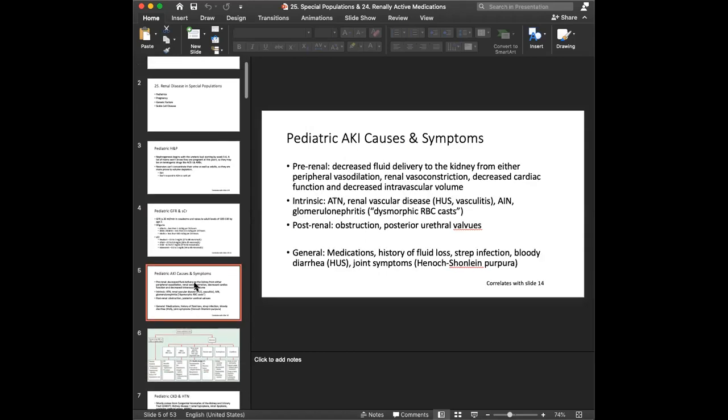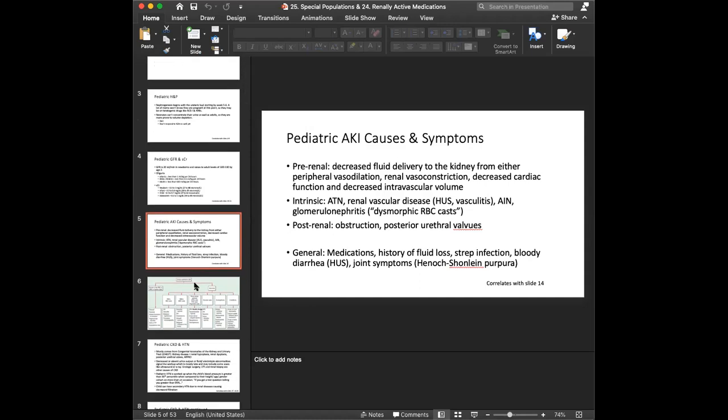So pediatric AKI, again, we have the prerenal, intrinsic, and postrenal. So we've got decreased fluid to the kidneys. Prerenal, just like our normal stuff. Intrinsic, ATN, think about the vascular diseases like HUS, caused by E. coli.